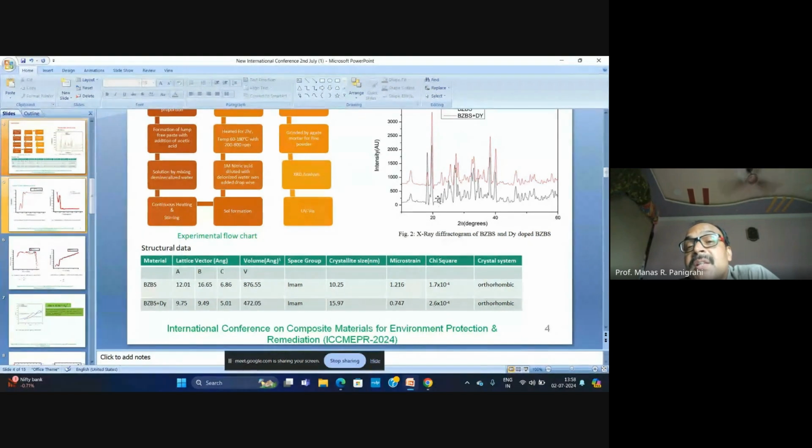Here, if you see these trace phases, sometimes the intensity of the peak is higher at that particular point, whereas it is not that high in the case of the pure BZBS sample. BZBS here stands for, as I have already told you, barium, zinc, bismuth, strontium, and Dy is the material doped.